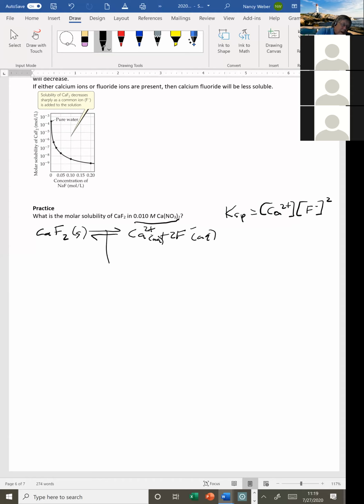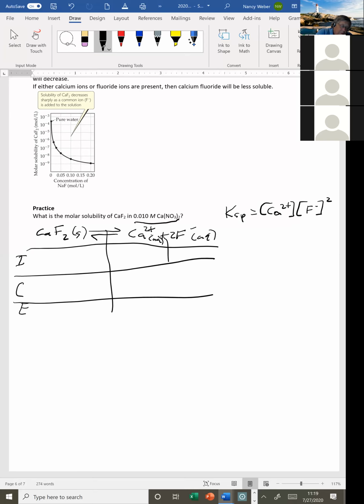Now, make my ice table. This part we don't do because it's all insoluble.